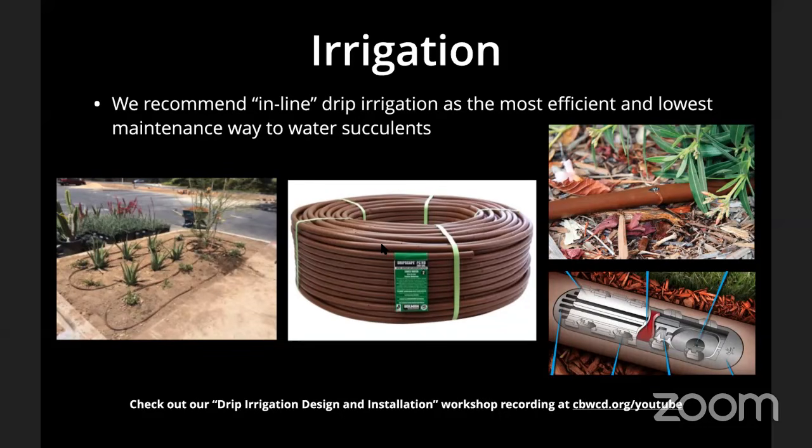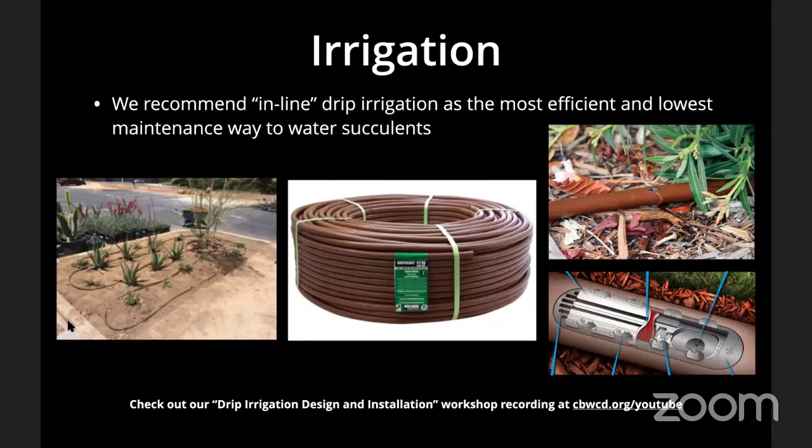Especially for the rocky soils in most of Rancho Cucamonga, it's going to be every 1 foot down the line, you're going to see these dots, and that's where the emitters are already embedded into the line. So they're not just holes in the line, but as you can see in the lower right, they're these highly engineered little doodads that give out a regulated amount of water and balance the pressure at each of these holes along the line.